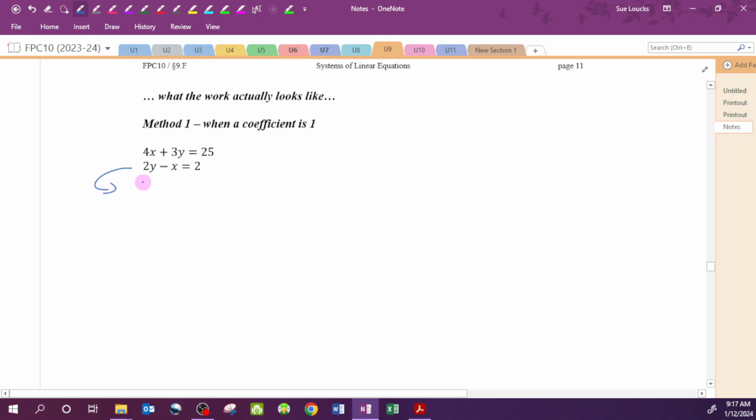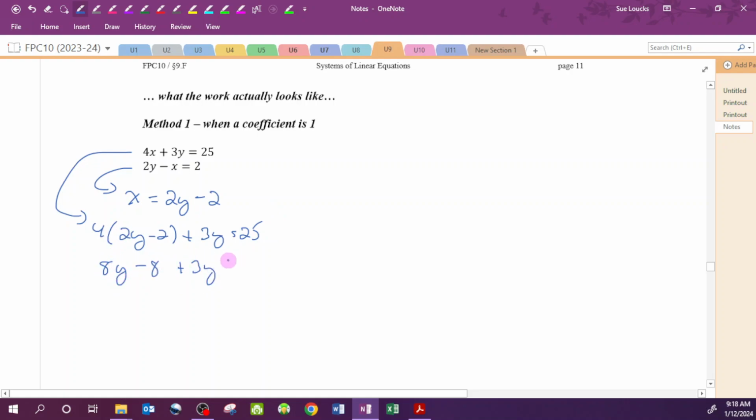All right, so I'm going to take this equation and rewrite it as x equals 2y minus 2. I'm going to substitute that into this one, so this is going to be 4 times (2y minus 2) plus 3y equals 25. I'm going to solve this for y. And then I'm going to substitute my y equals 3 into this one.